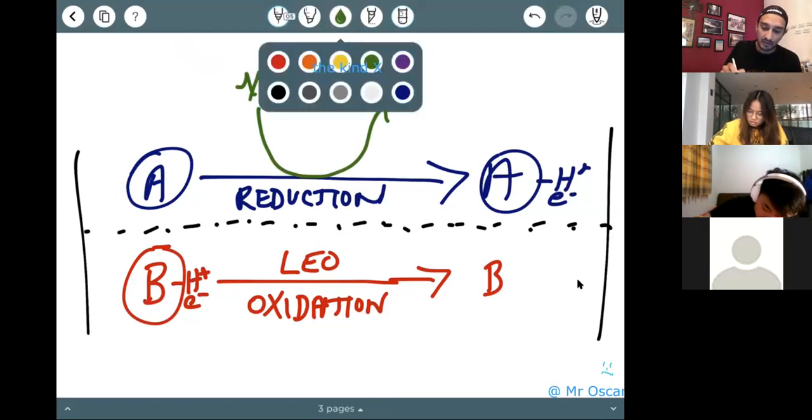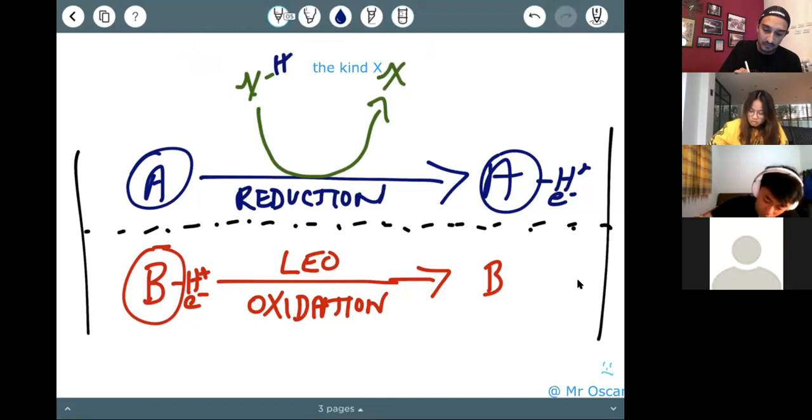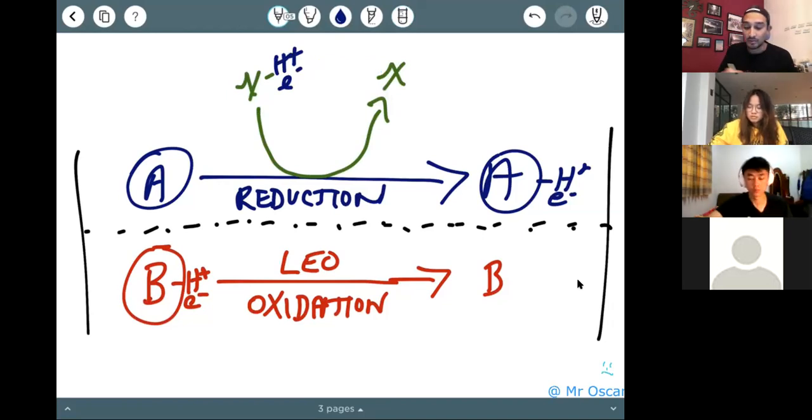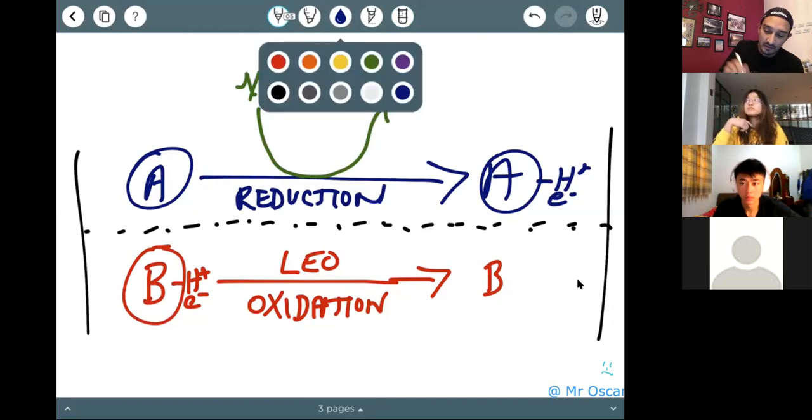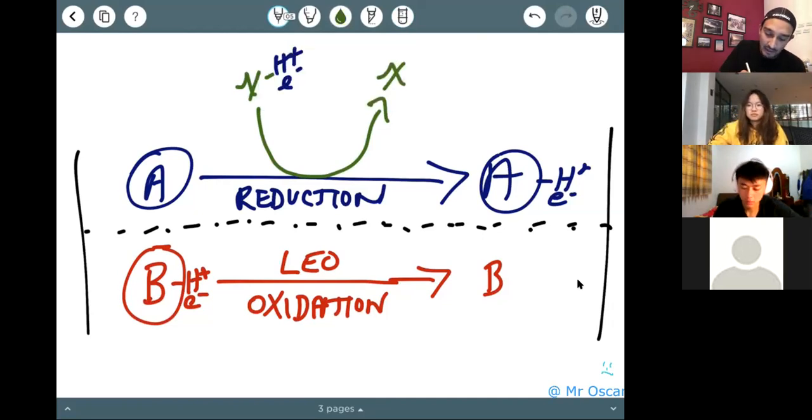Where did this come from? It came from some other compound, right? So in order for A to be reduced to A with this additional hydrogen or electron, it had to be reduced by something. In that process, X underwent an oxidation.